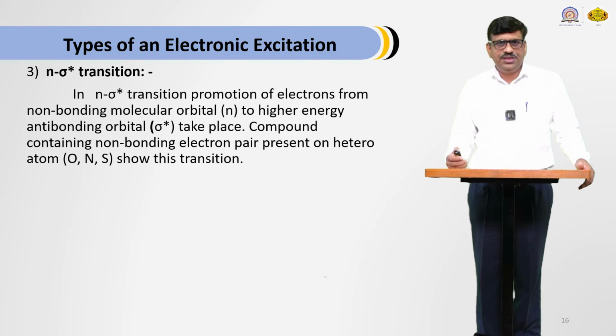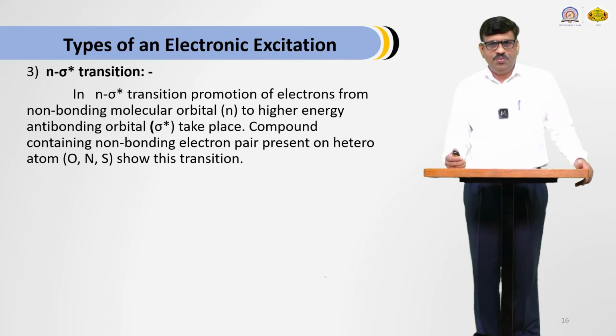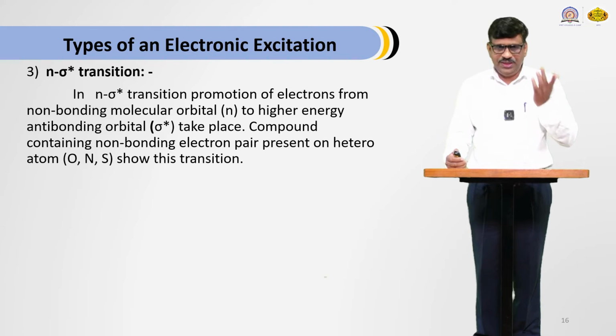The next transition is n to sigma star transition. Electrons present in n, that is the non-bonding molecular orbital, are promoted to the antibonding sigma star orbital. Compounds containing a non-bonding electron pair on a heteroatom show this type of transition.